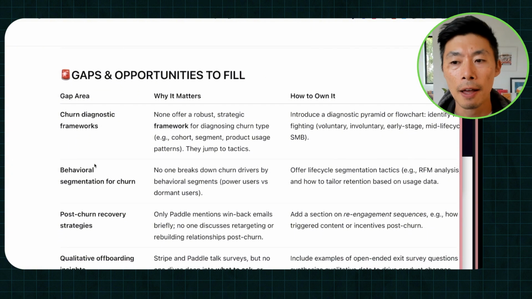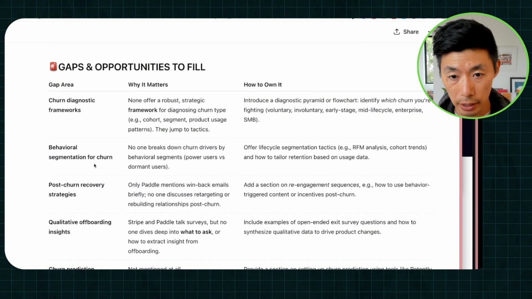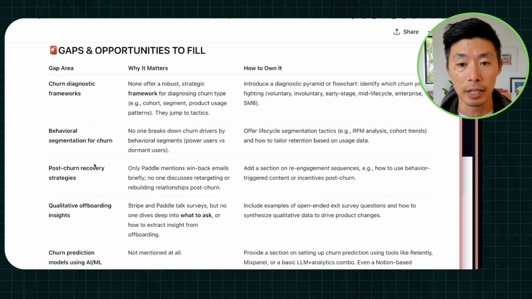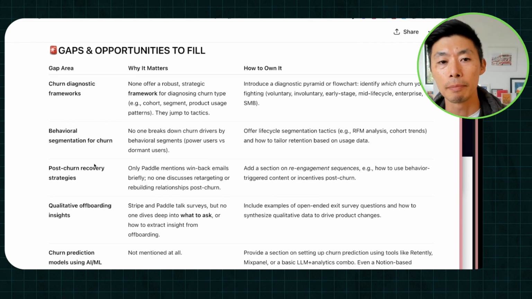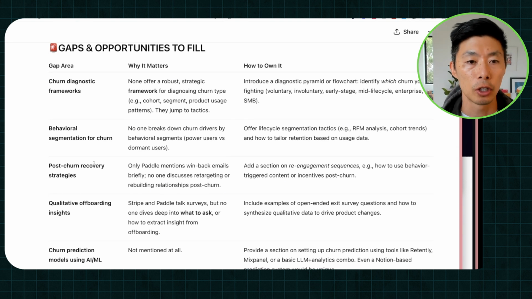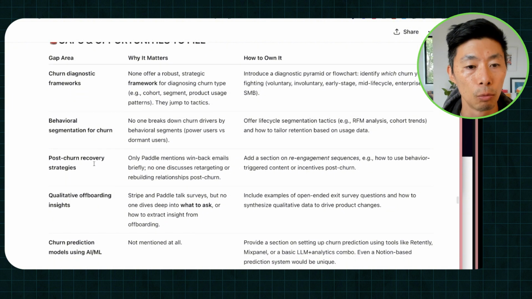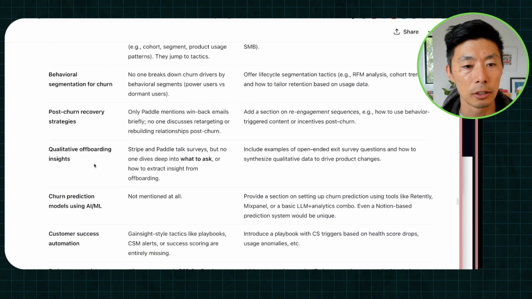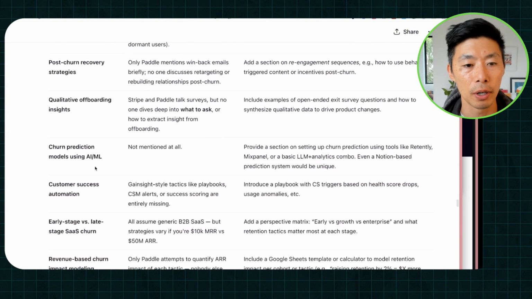So some ideas. So this is ChatGPT, which is actually providing the answer, telling me where there are gaps that I can create, which is churn diagnostic frameworks, behavioral segmentation for churn, so no one breaks down churn drivers by behavioral segments, post-churn recovery strategies, qualitative offboarding insights, and so on.